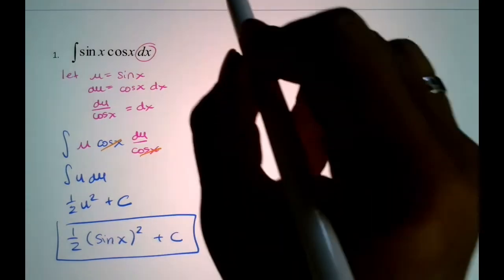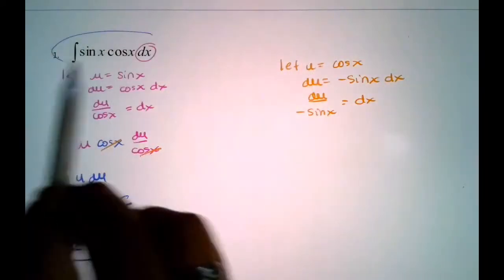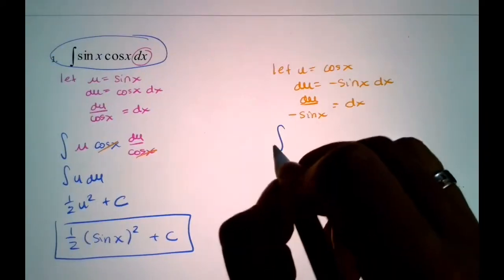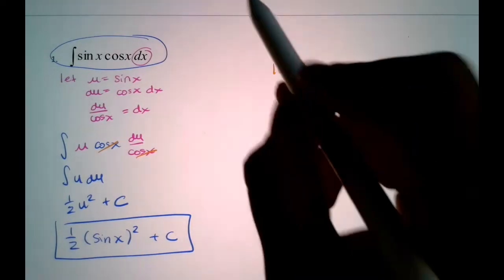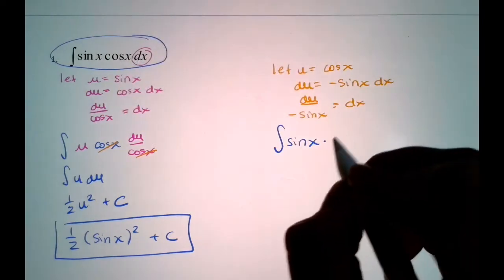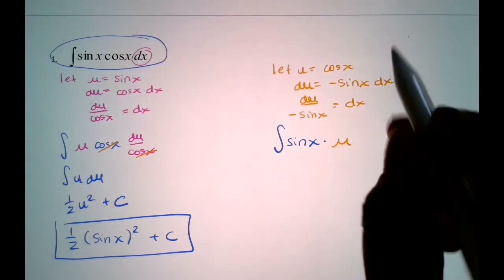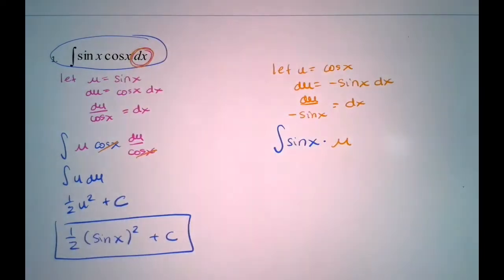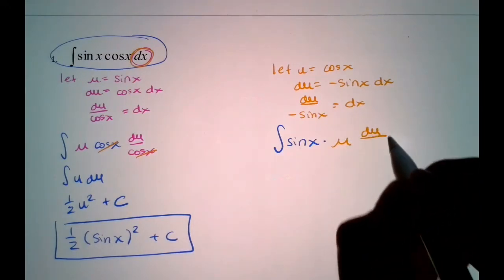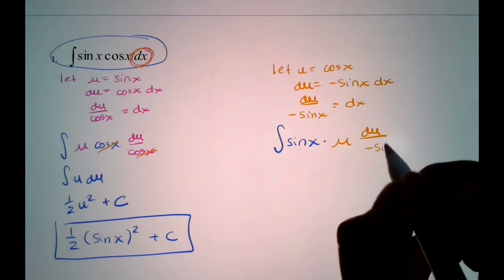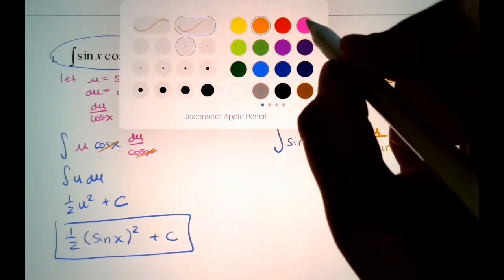And I come back at that integral right here and say, well, I ignored that sine function that was hanging out, but I let the cosine function be u this time. And in place of the dx that I had in that original statement, I'm going to replace it with its equivalent here, which is du over negative sine x. And this is good enough to get you where you're going.